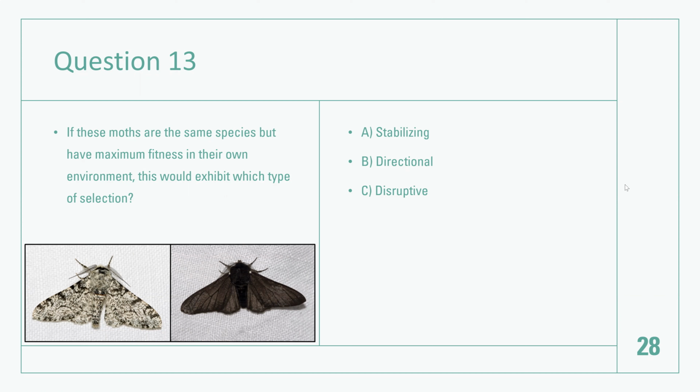In this case, yes, this is disruptive selection because you can see that these moths are being selected against for an intermediate color like gray, and instead are being selected for the extremes like white and black.